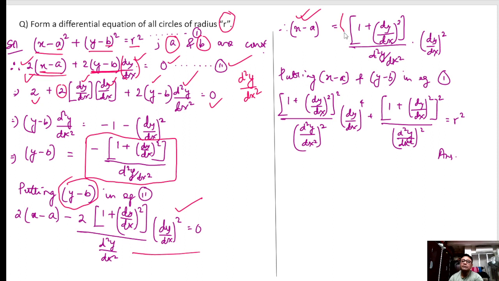Now x minus a is separated, and y minus b is separated. So we will put the x minus a and the y minus b in this equation, and we will get the differential equation of our question.